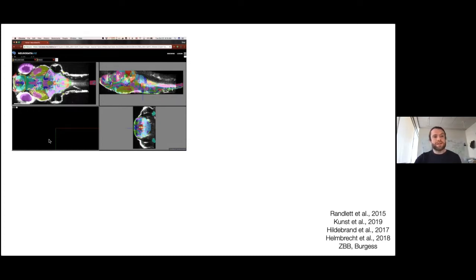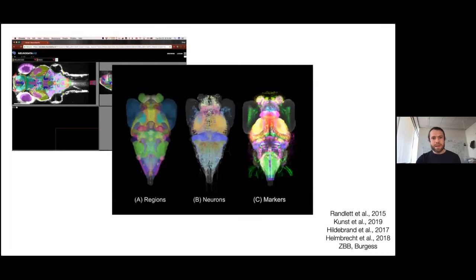This is a group that took data from Z-Brain, which comes from Florian Engert's lab, and then created an interface. They need to flip this time axis. But it's a good demonstration of how different brain regions are identified in the larval zebrafish brain. And so we can map our functional data to atlases like this to get labels for the different regions that we observe.